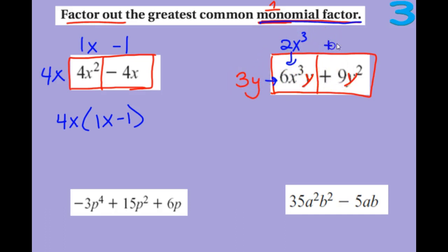Then 3 times 3 gives us 9. I took out one y, but I need 2 total, so I need 1 more there. And that is what's left over on top. So my terms, I have 3y, and that's what I pulled out, and I have left 2x to the third plus 3y.